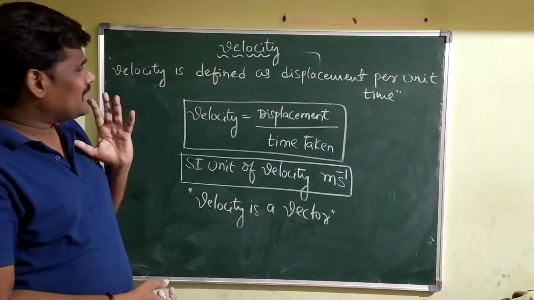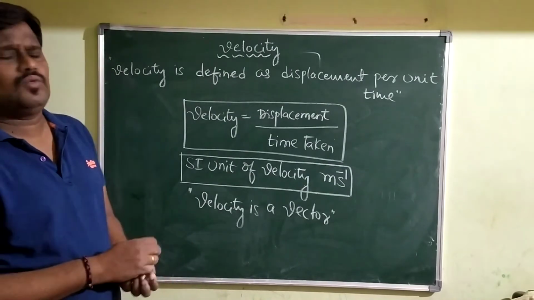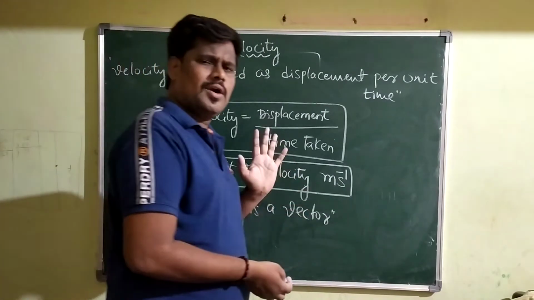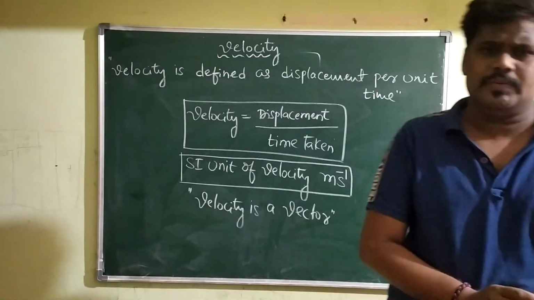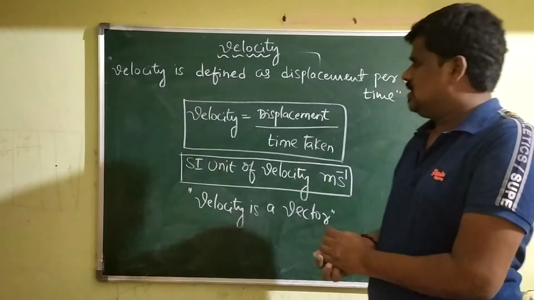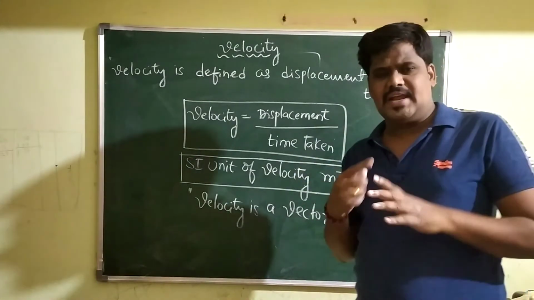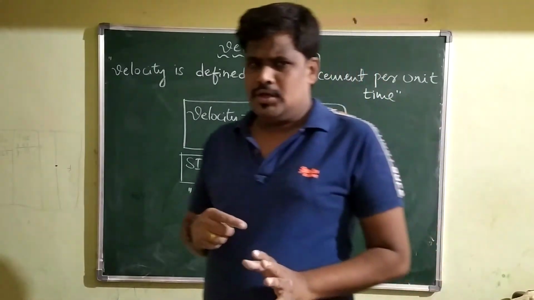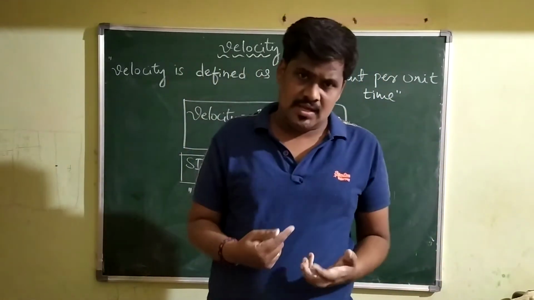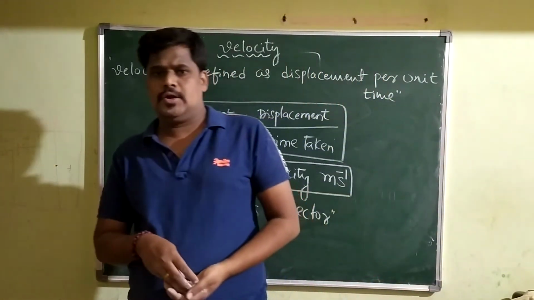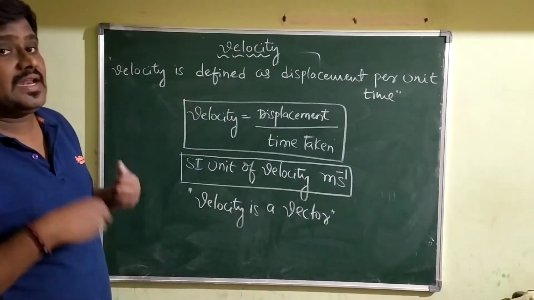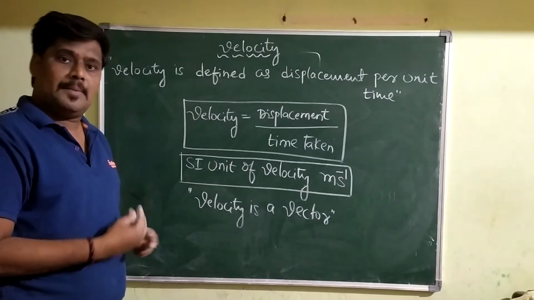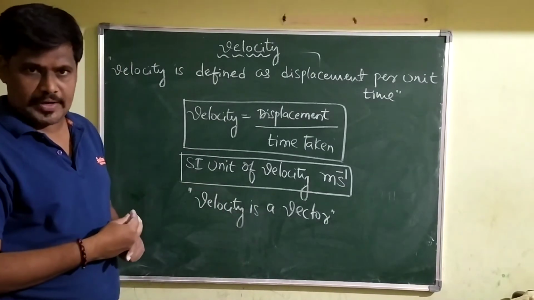When you solve some examples which are related to speed and velocity, you will come to know what is the exact difference between speed and velocity. What about speed? The speed tells us only how fast the body is moving. Using speed, we can't say in which direction the body is going to move. But velocity will tell us in which direction the body is moving plus how fast the body is going to move.